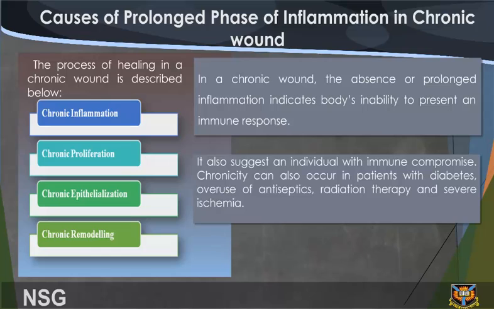In a chronic wound, prolonged inflammation indicates the body's inability to mount an immune response. It also suggests an individual with immune compromise. Chronicity can also occur in patients with diabetes, overuse of antiseptics, radiation therapy, and severe ischemia.